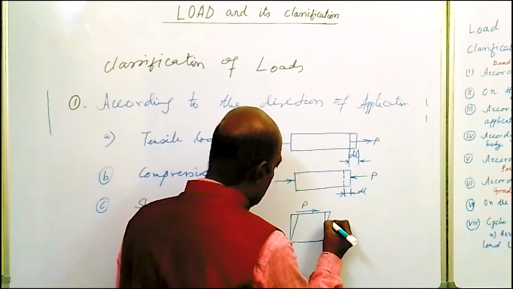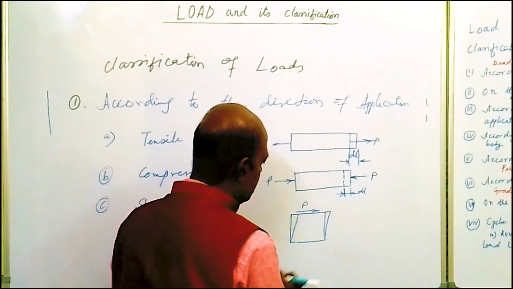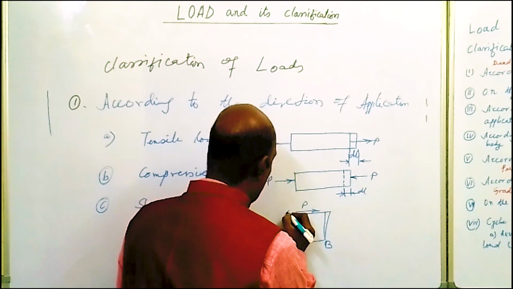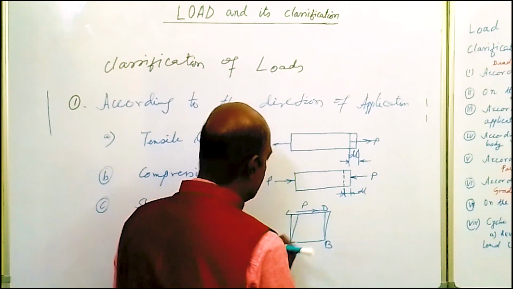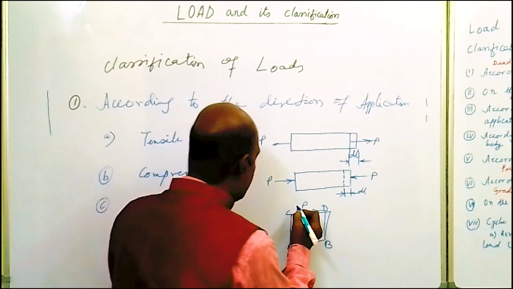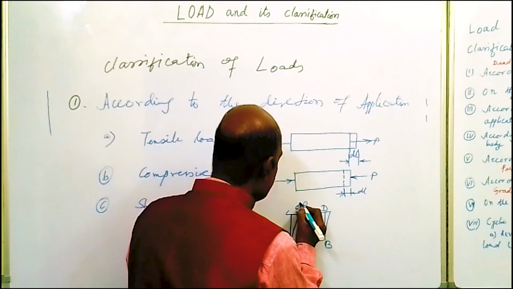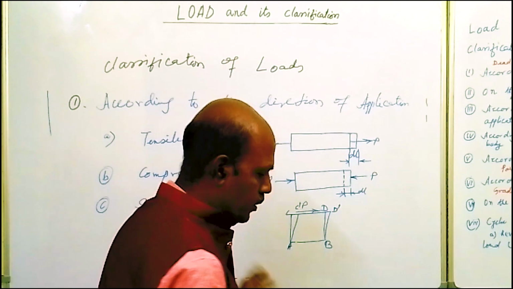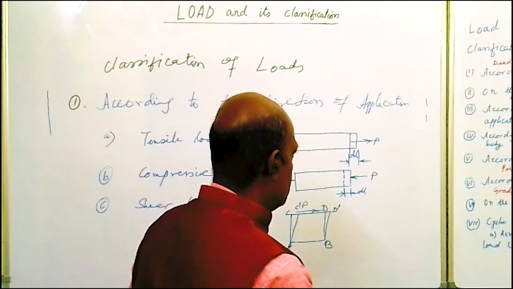Say initially the body was A, B, C, D. Now after the application of the load, the shape of the body changes to A, B, C dash, D dash. So this is the shear load.